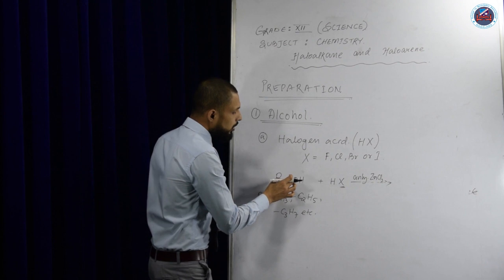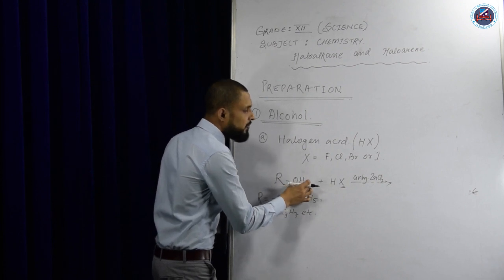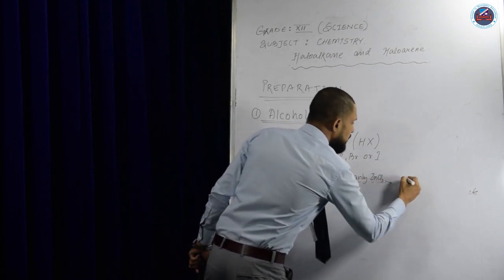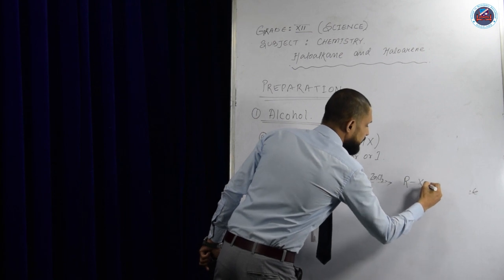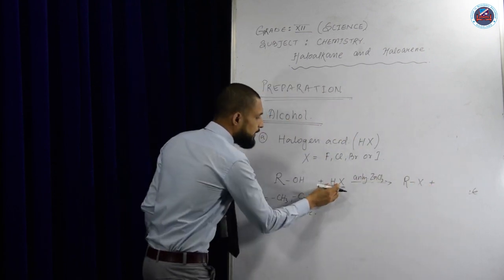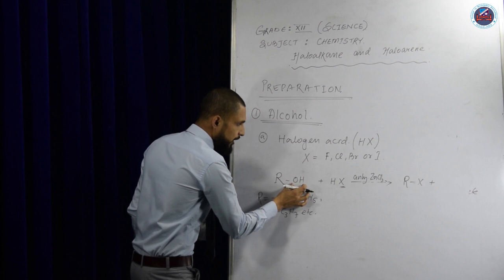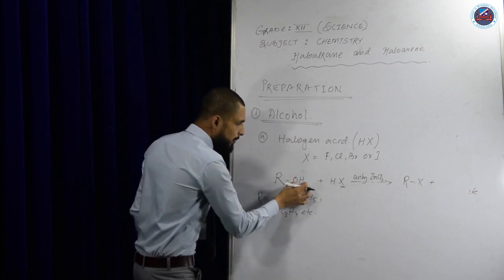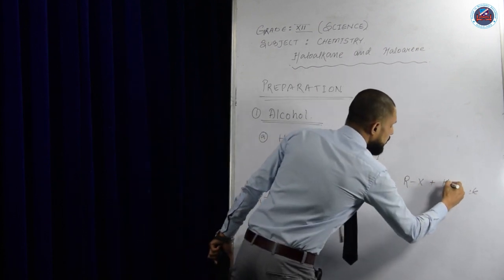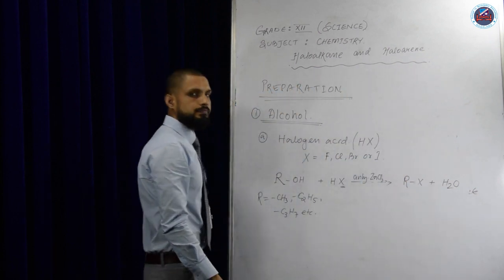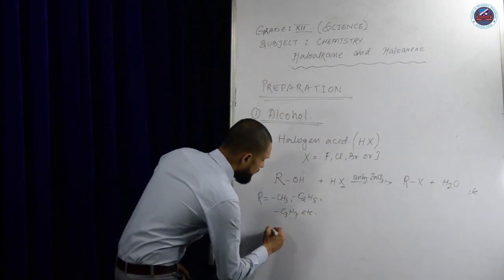The alcohol having OH will be replaced by X. So, we'll get RX. Plus, this hydrogen will go with OH. That is, acid with base will form H2O.